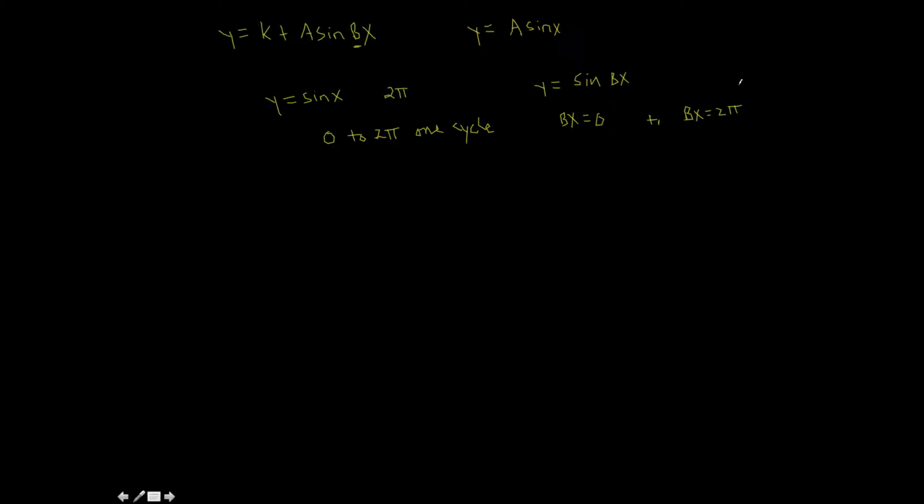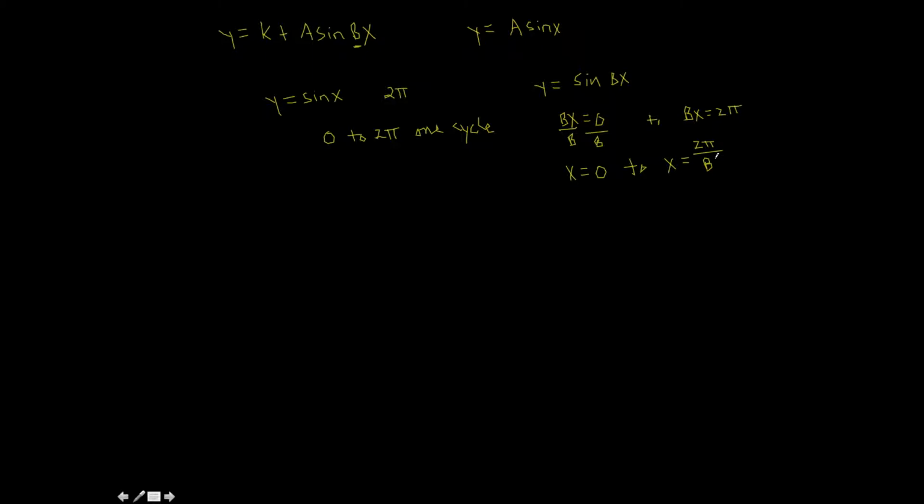So essentially what we're saying here is that if we divide both of these sides by b, we know our cycle is from 0 to 2 pi over b. So this would be the interval that describes one cycle of y equals sine bx. Now the same thing works for cosine as well.